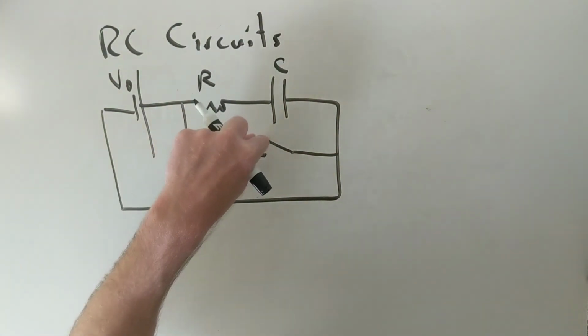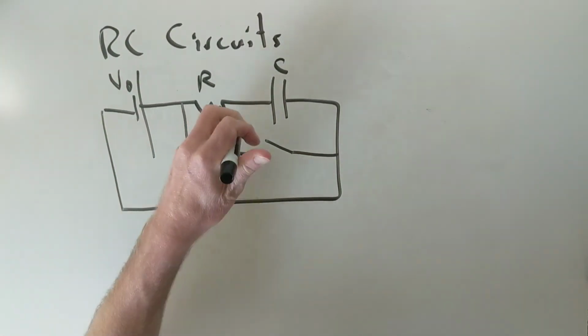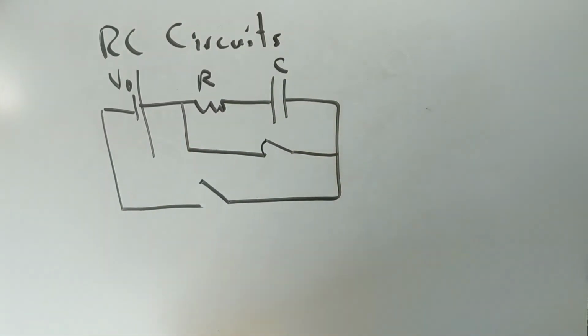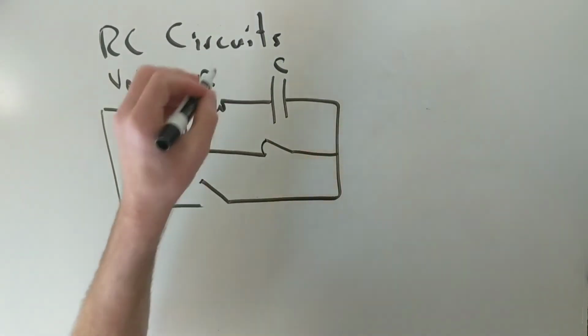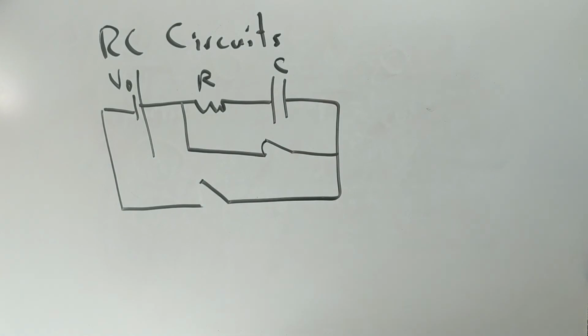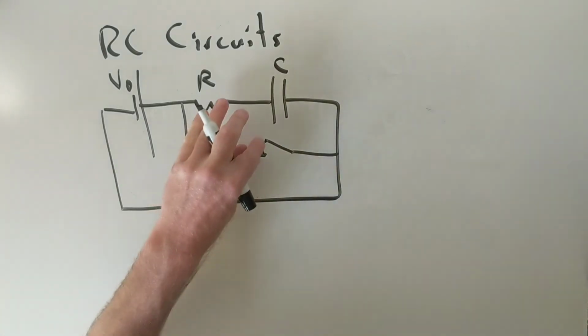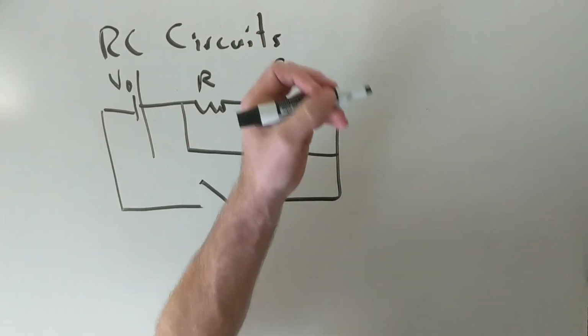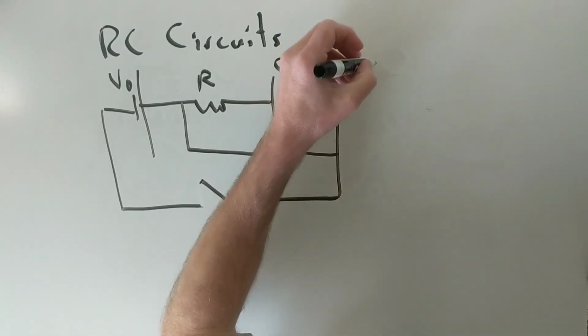Then when I close or open this and close this, then what happens is the capacitor actually runs the circuit, and then what we'll see is that the current will flow as V over R again, and then it will die down. But the rough idea that I give people is to ask yourself, what quantity are you looking for?